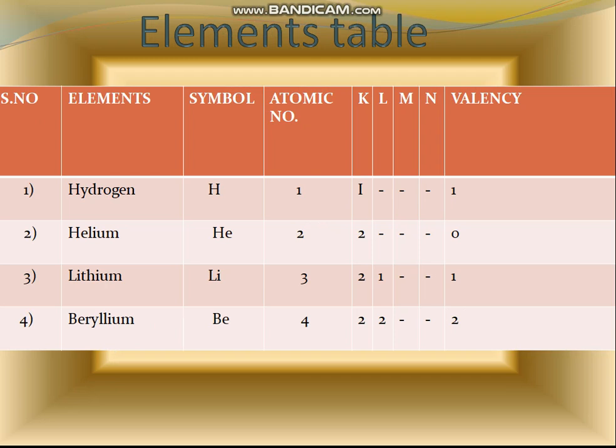It is a highly stable gas. That is why. Next is lithium. Symbol is Li, atomic number is 3 and valency is 1. And for beryllium, symbol is Be, atomic number is 4 and valency is 2.